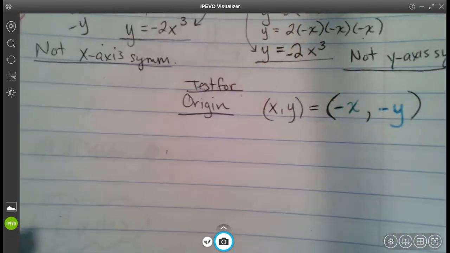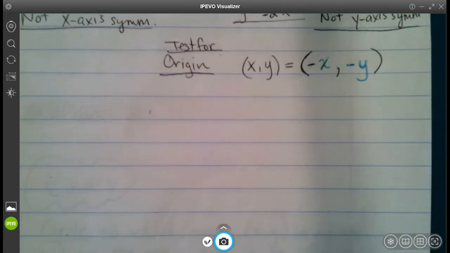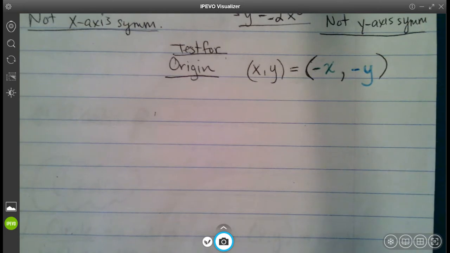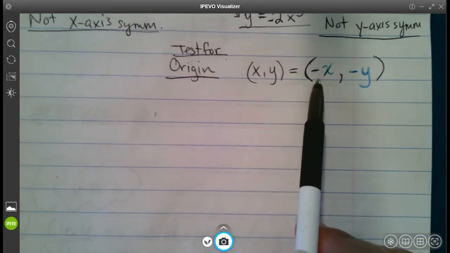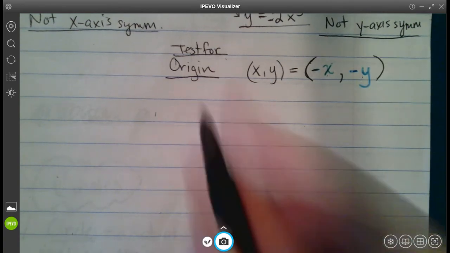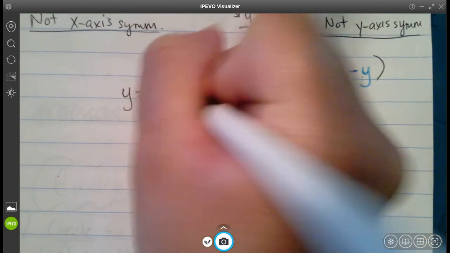So we have our test for origin now. This one I put a whole bunch of space for because it's the one that has the most work. For this one, you want to replace both of them because x now becomes negative x and y becomes negative y. So I'm going to start with my original equation, y equals 2x cubed.